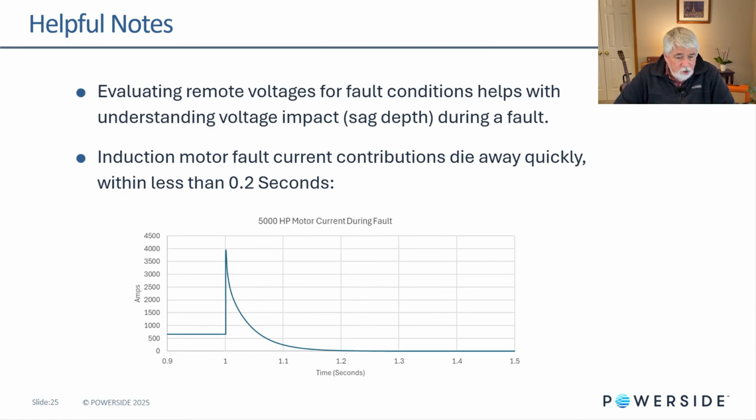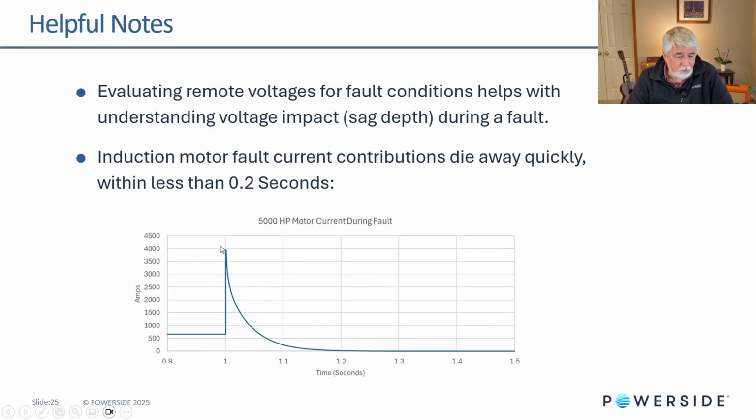Induction motor fault contributions die away quickly, within less than 0.2 seconds. The curve shown here at the bottom of the slide is a 5,000 horsepower motor that's faulted on its terminals, and you can see very quickly the fault current goes from its maximum locked rotor value, right up here.